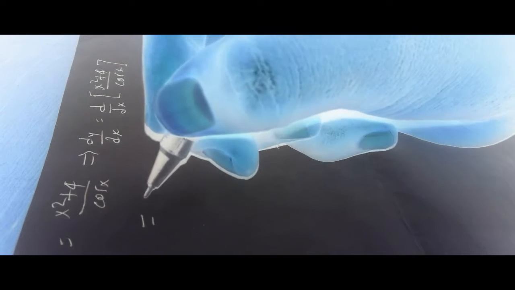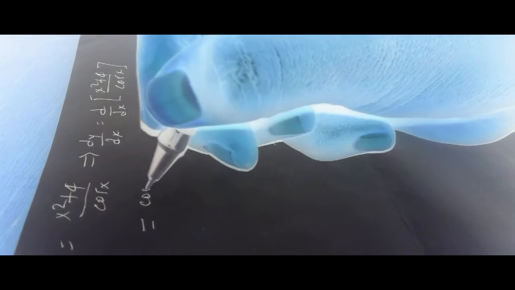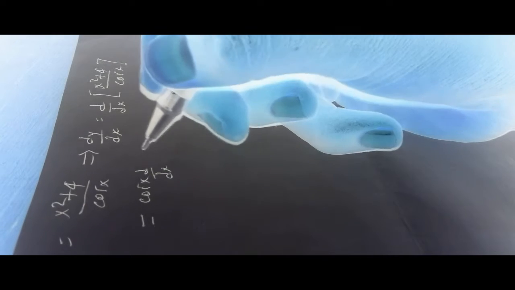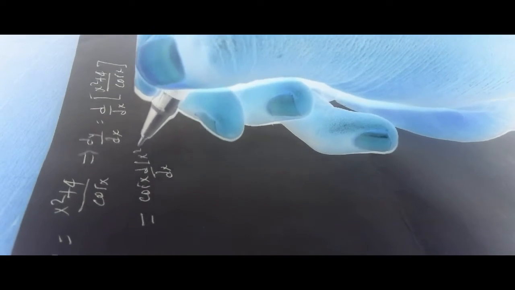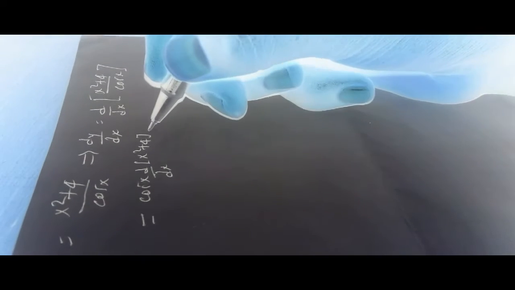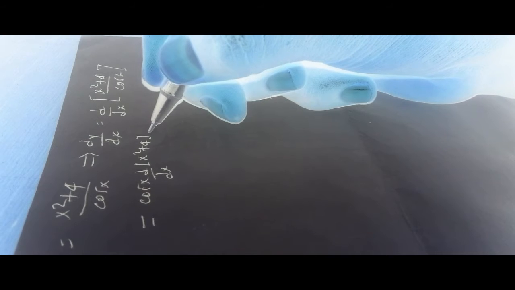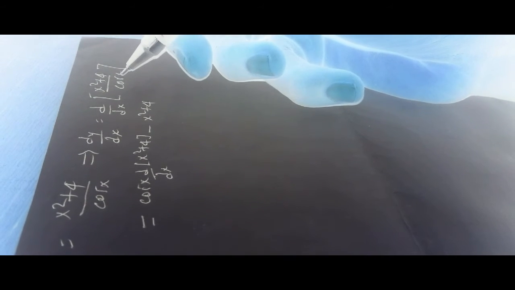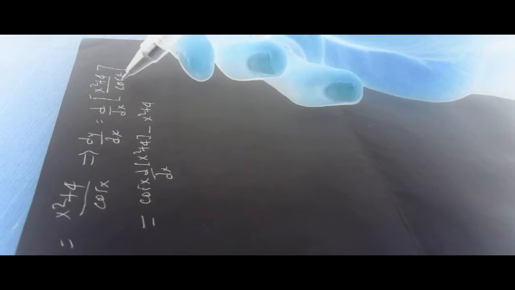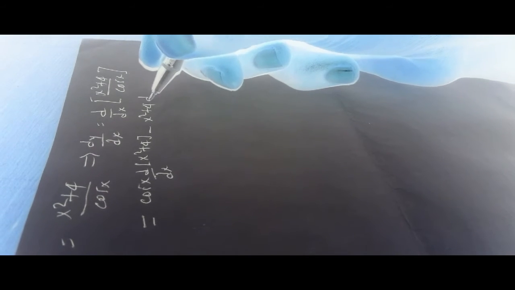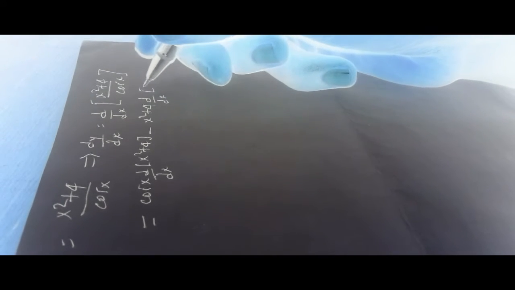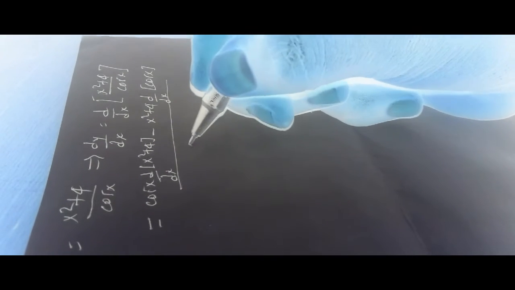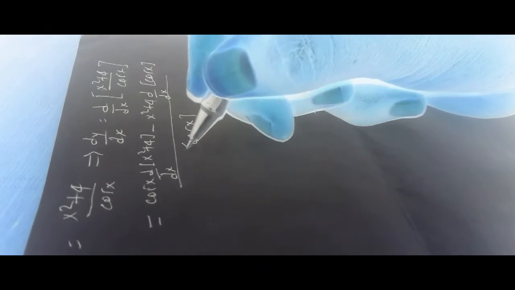This is equal to cos x times dy by dx of (x squared plus 4) minus the first function x squared plus 4 times dy by dx of cos x, over the denominator squared, (cos x) the whole square.